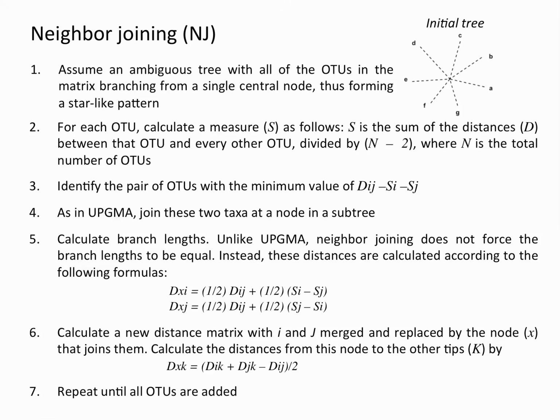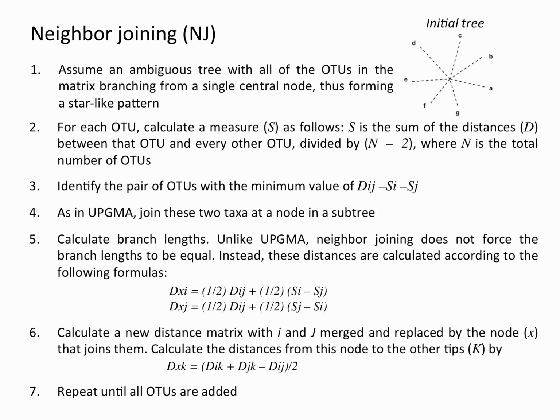Later, identify the pair of taxa with the minimum value according to this formula. This means the distance between the two taxa, and these are the distance or the average distance from the rest of the taxa we want to calculate. And join the taxa with the minimal distance in one node, similar to the UPGMA method.